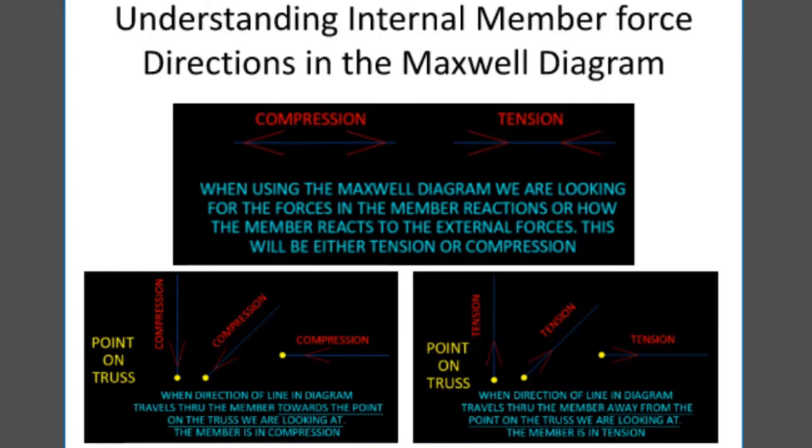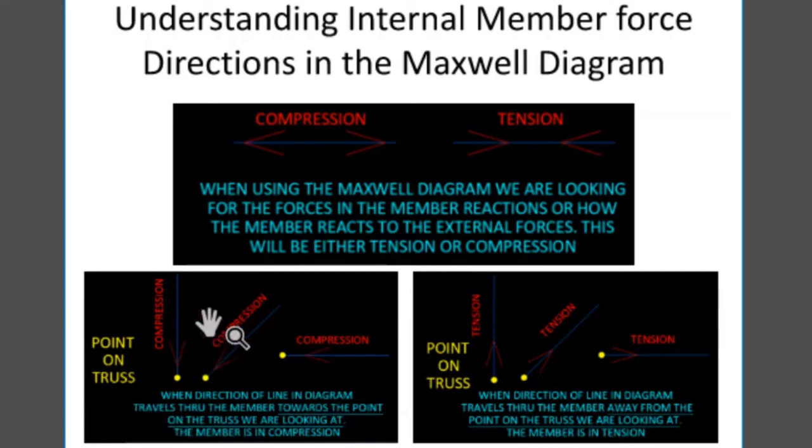This will be either tension or compression, as shown above. Tension and compression. When the direction of a line in a diagram travels through the member towards the point on the truss diagram, we are looking at the member in compression.